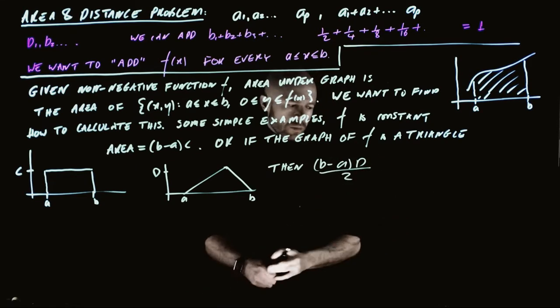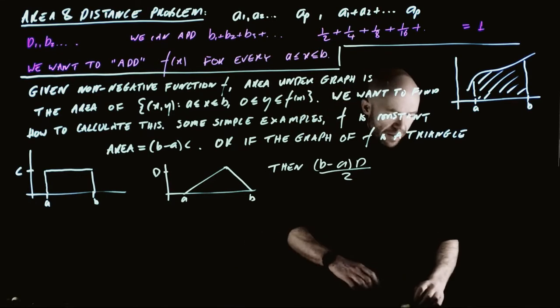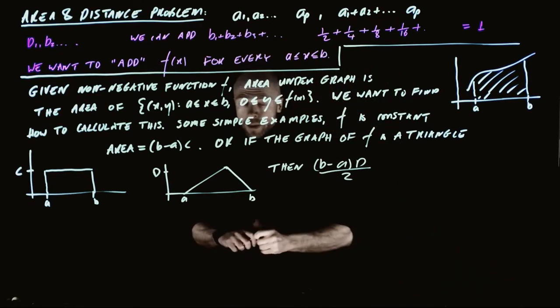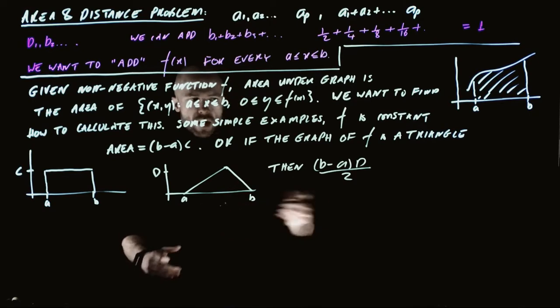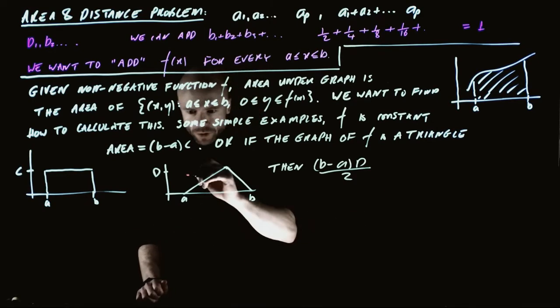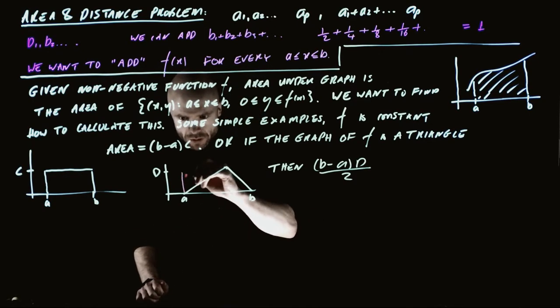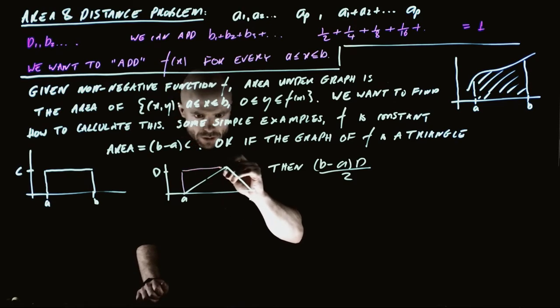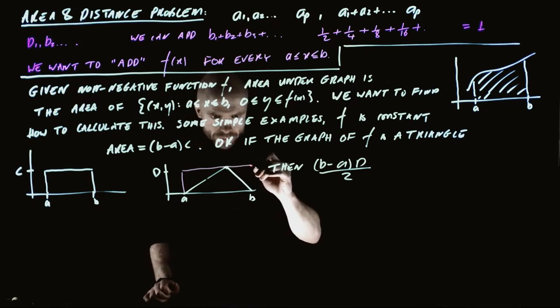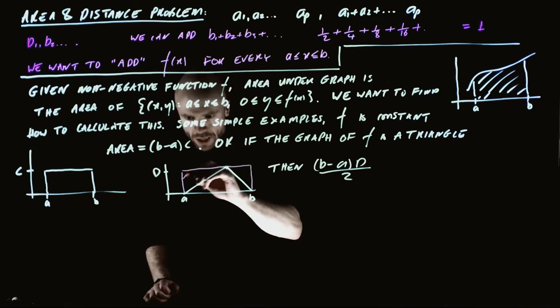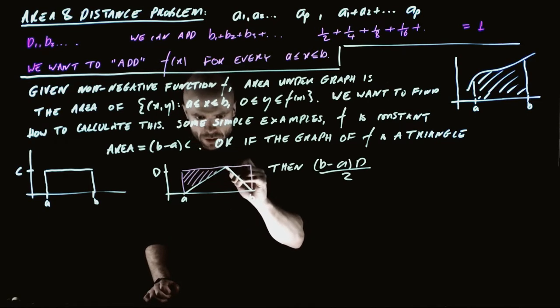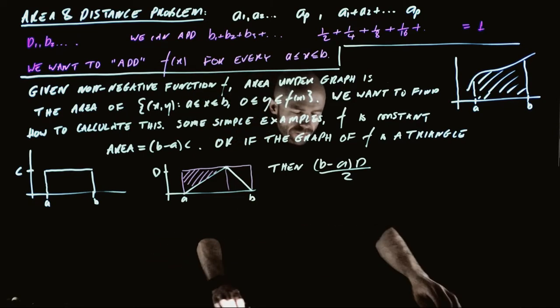Some of you might have this in your minds just because you remember it, but it's actually easy to see why the area of the triangle is given by this. If we turn this into a rectangle like this, we see that the area here is the same as the area of this triangle. Let's change colors.